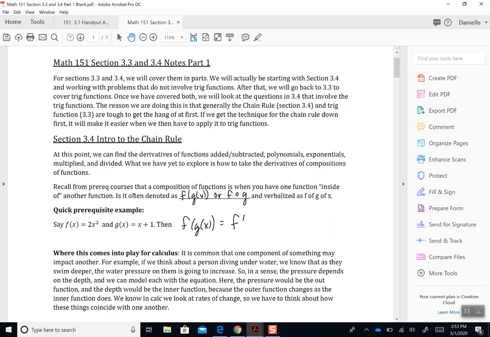So I'd get f of, and then g of x is the x plus 1. So now I have to run the x plus 1 through the x in my f of x equation to get 2 times (x plus 1) all squared. So now I see I have this little x plus 1 function fitting inside of this larger polynomial function.